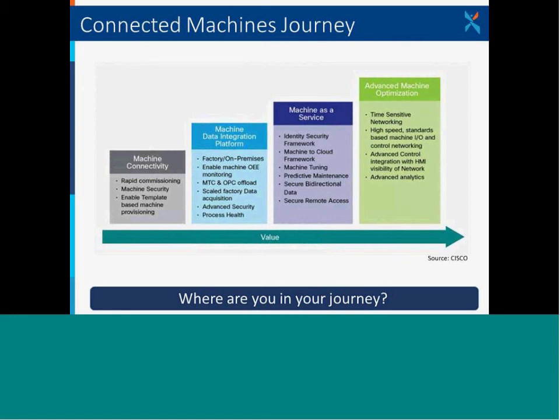Some of them could be just enabling them with an extra sensor. And today there are a lot of IoT-capable sensors coming up, which can primarily take data without having to really retrofit the control system. So it's possible that they can do it at a lower cost as well. So machine connectivity is fundamental.